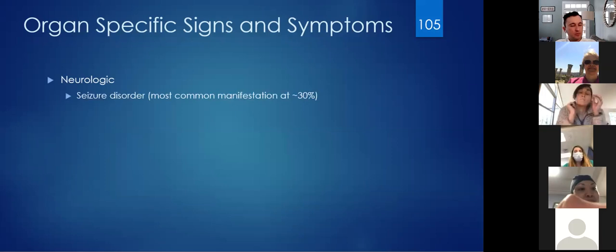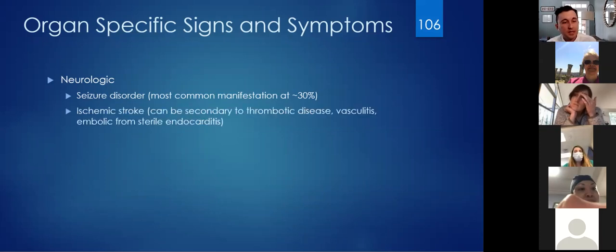So this is one thing that I didn't realize: nearly a third of all lupus patients will have seizure disorder. That's the most common neurological manifestation. They also are at really high risk for stroke, and this can be due to a lot of different things. It can be thrombotic disease, if they've got antiphospholipid antibodies. Cerebral blood vessels can become inflamed from vasculitis, or they can throw emboli from the Libman-Sacks endocarditis.